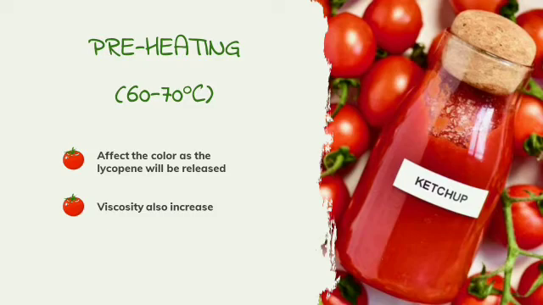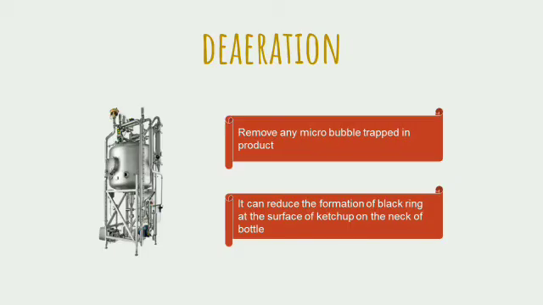The second most important processing condition will be preheating. The preheating, in which we will use 60 to 70 degrees Celsius, will affect the color of the ketchup, as the lycopene will be released and makes the ketchup appear red. Then the viscosity also increases in this step. The third process will be deaeration.